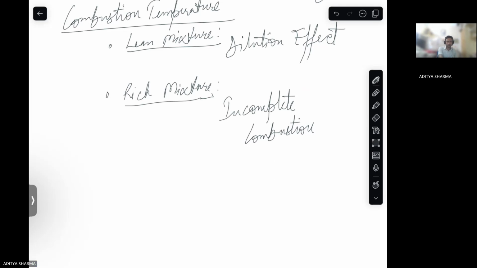So this is about combustion temperature. And then there is the adiabatic flame temperature, which I have discussed earlier also. In adiabatic conditions, if you burn your fuel, the maximum temperature that it achieves is the adiabatic flame temperature.